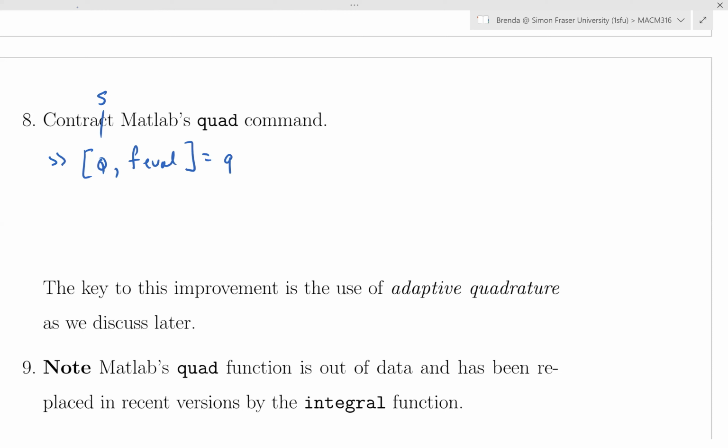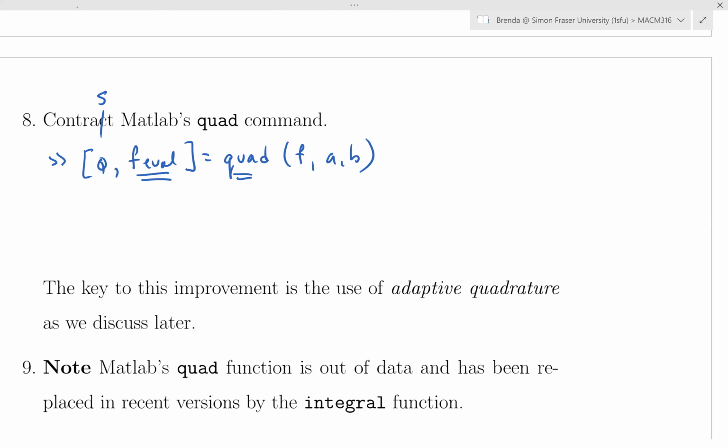We get these things out. That is the quad command, which does numerical quadrature, and you pass it the function and the interval over which you wish to approximate. You'll get an approximation value, and you could also ask MATLAB how many function evaluations it had to do.